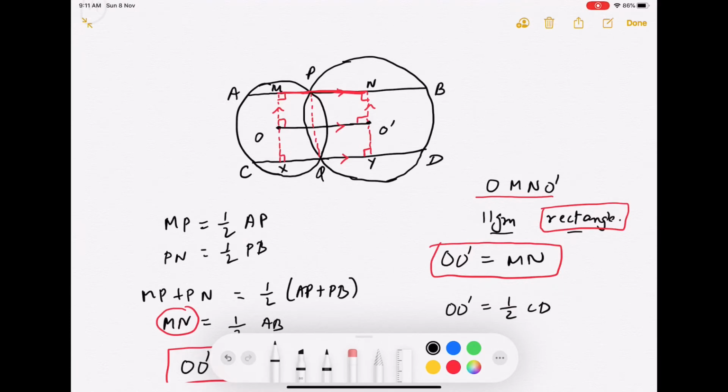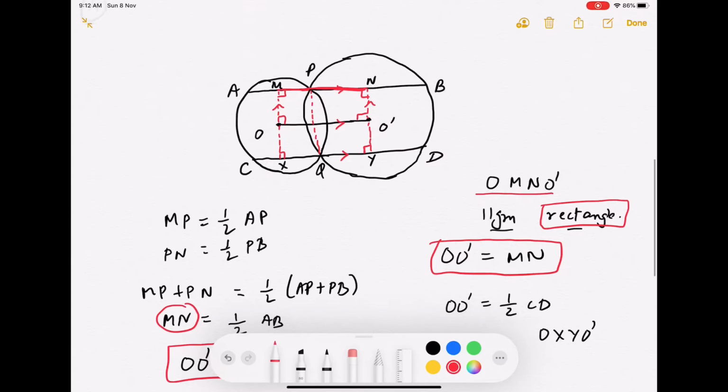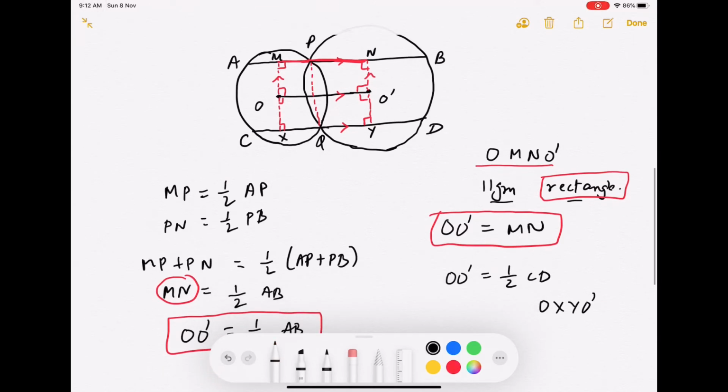I can prove this by taking the quadrilateral OO dash, or let me say OXY dash. If even this is, let's say, a parallelogram or a rectangle, we can use the same properties of lines and angles to prove that it is a parallelogram or a rectangle. So hence I am proving that OO dash will be equal to XY.